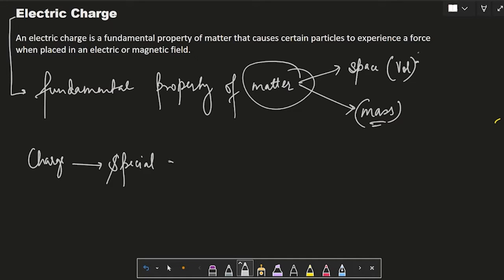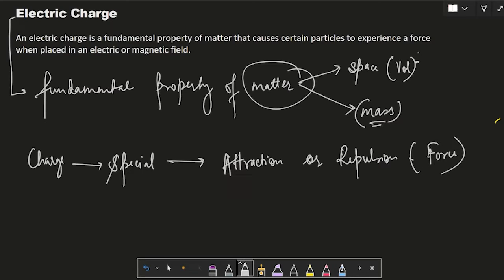What's special in this? Charges have a special property of attraction or repulsion between or among them. So they experience a force internally among themselves.